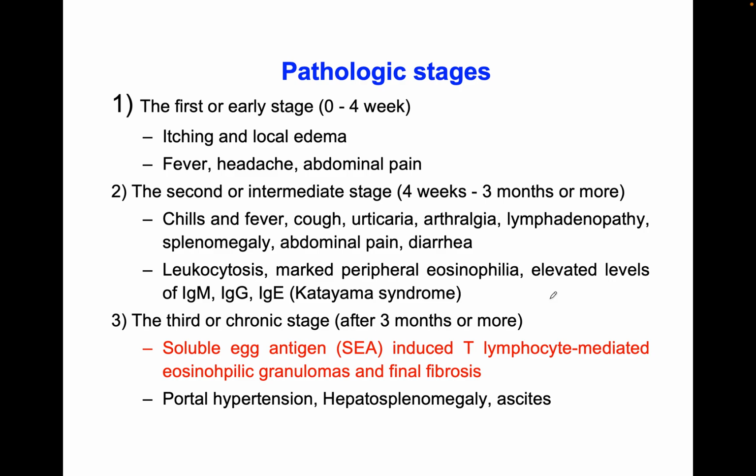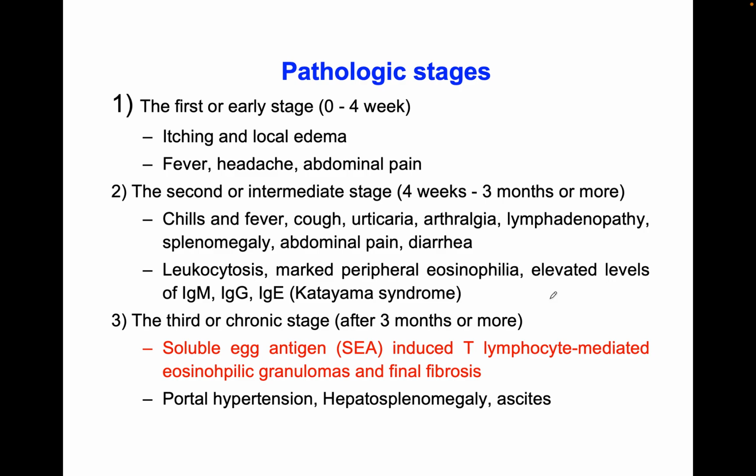There may be chills or fever, cough, urticaria, arthralgia, lymphadenopathy, splenomegaly, abdominal pain, and diarrhea. There might also be leukocytosis, marked peripheral eosinophilia, and elevated levels of IgM and IgE. This is common in Katayama syndrome.